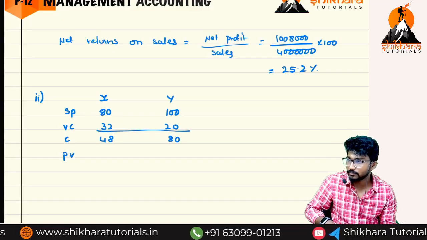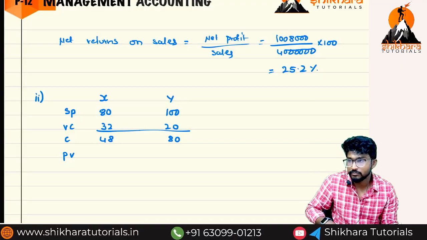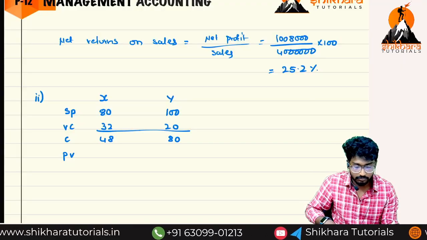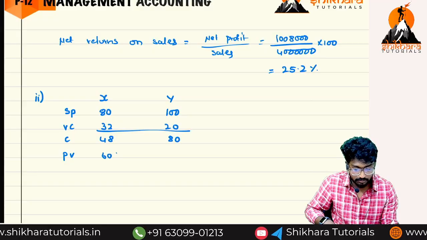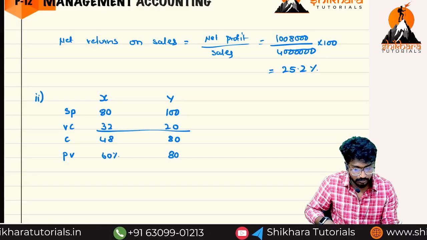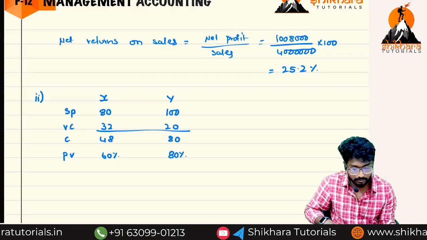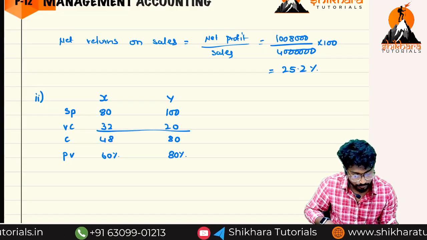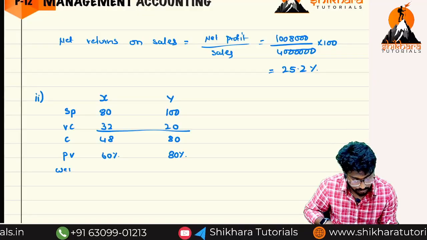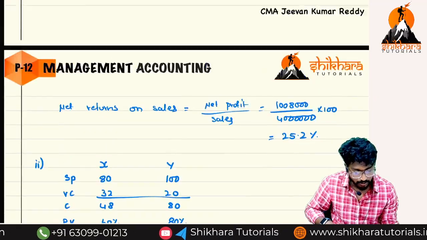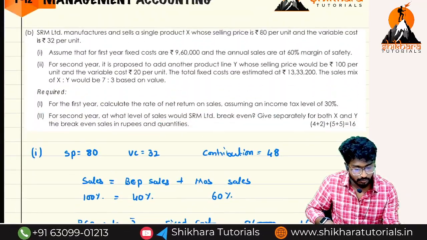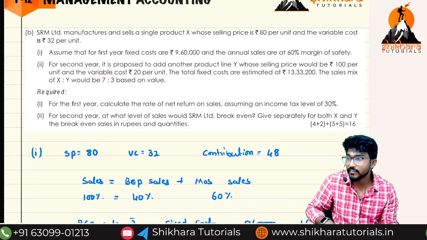48 and 80. Next, PV ratio. 60% and 80%. Am I correct? Next, weight. If you see the sales mix here, what is the sales mix? 7:3.